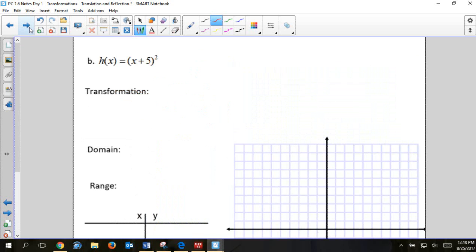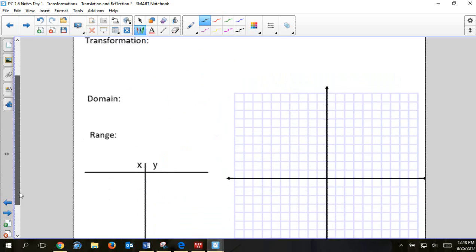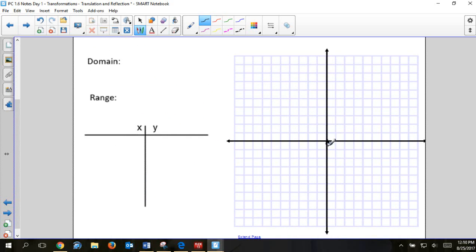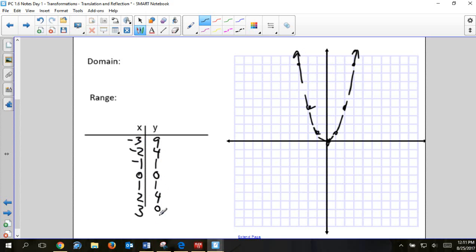All right, the next one is h plus 5 squared. So I'm going to go do my parent function. Squared. Parent function.